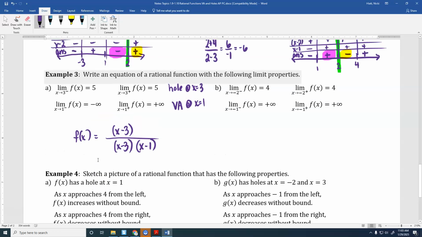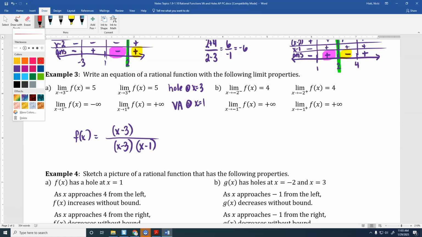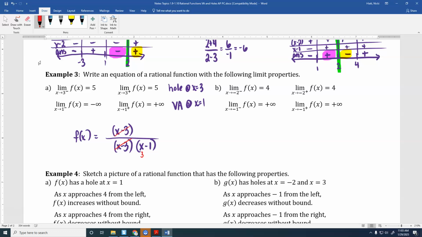So if we think about that at 3, if I am going to cancel out my hole and I'm going to plug in a 3 right here, then in the bottom of that fraction, I'm going to get a 3 minus 1, which will equal a 2.